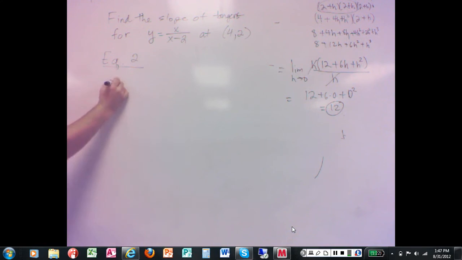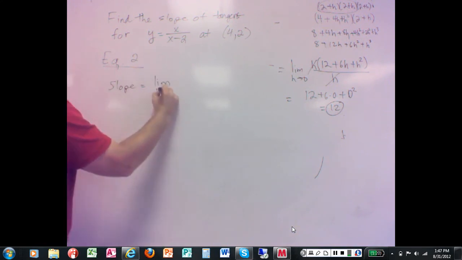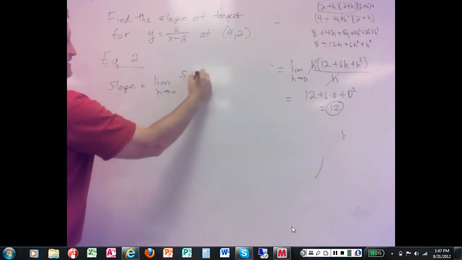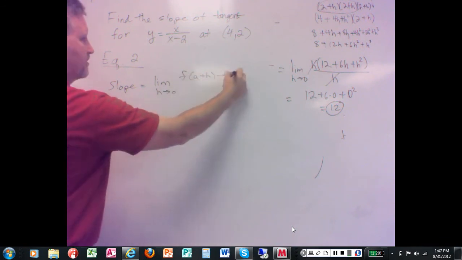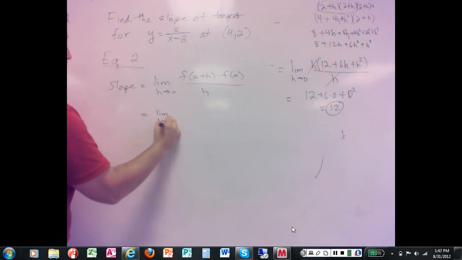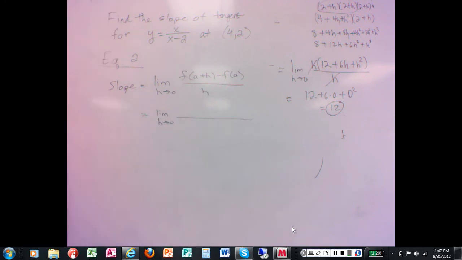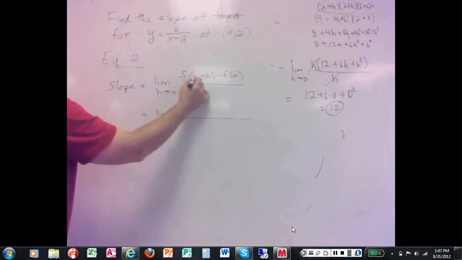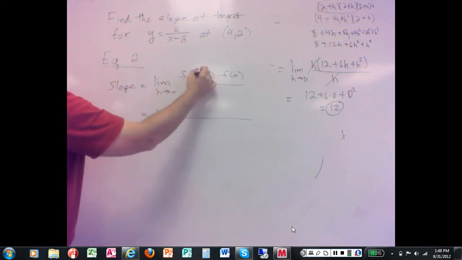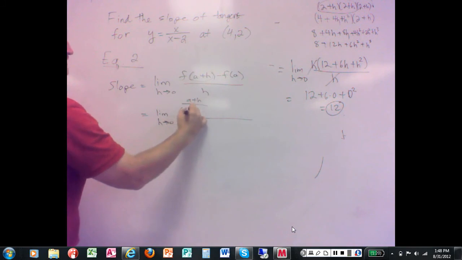So equation 2 says the slope equals the limit as h approaches 0 of f of a plus h minus f of a, over h. So that's the limit as h approaches 0 of, in this case, f of a plus h, where you plug in a plus h for x, so that would be a plus h over a plus h minus 2.